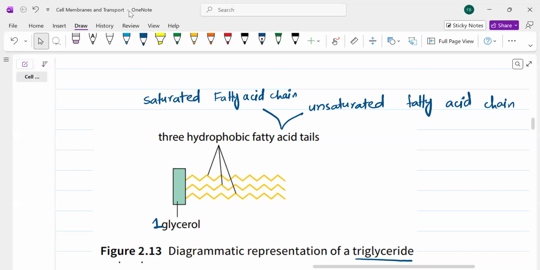Sorry. And in unsaturated fatty acid, we have discussed what were the two types. They had a double bond.